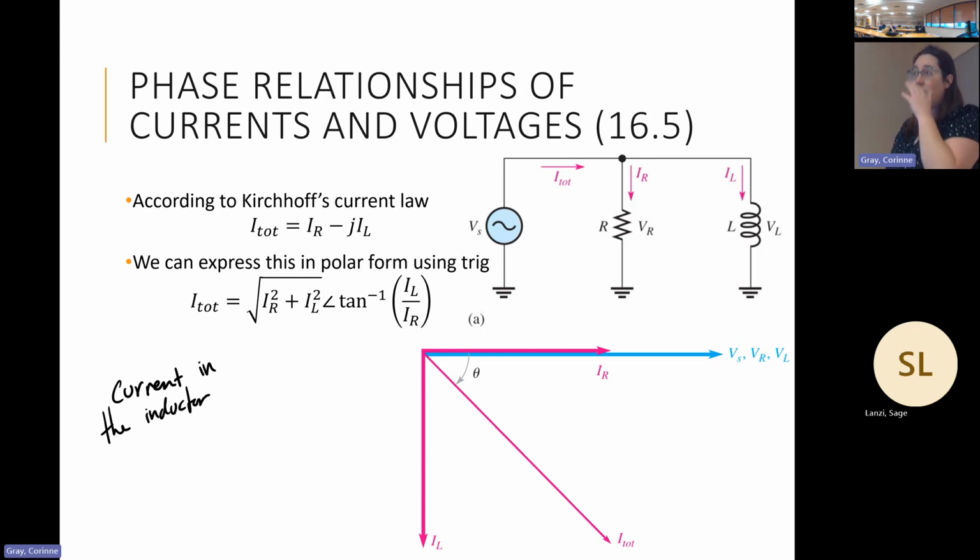The inductor current will never be greater than the source. Yeah, it'll always be smaller, because we resist the change, so there's always going to be something trying to counteract that changing AC source. And so it's always going to point in the opposite direction. That'll make it smaller overall.